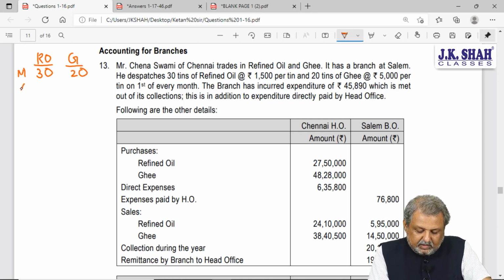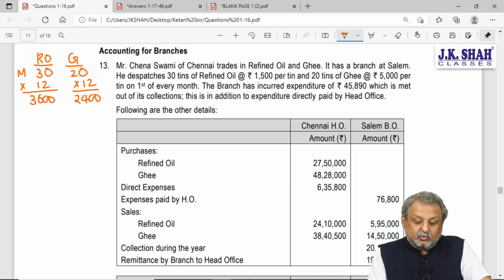So if I multiply it by number of months, 3600, 2400, these are the total tins, multiplied by 1500 for refined oil and 5000 for ghee.